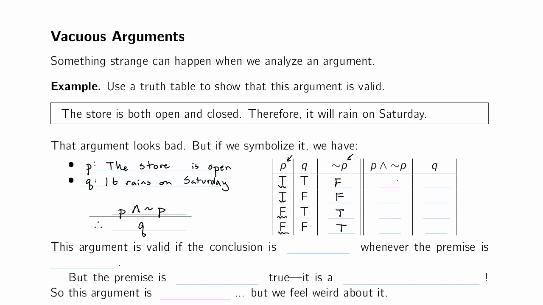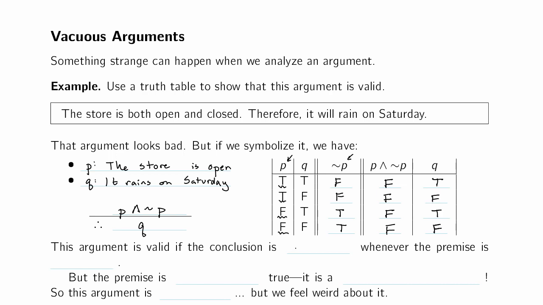We have a row where P is true and not P is false, so their conjunction is false. A row where P is true and not P is false again. And then we have rows where P is false and not P is true. Either way, their conjunction is false. And then Q, we'll just copy the Q column to make it easier to look at what we have here.